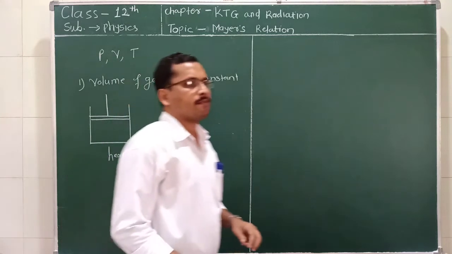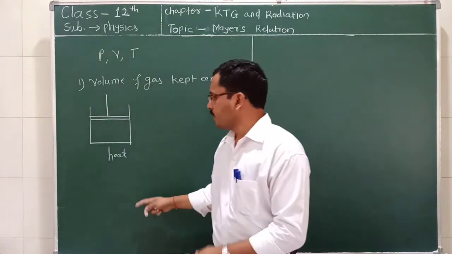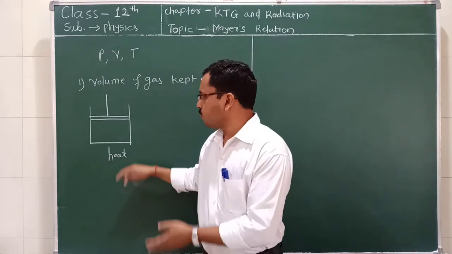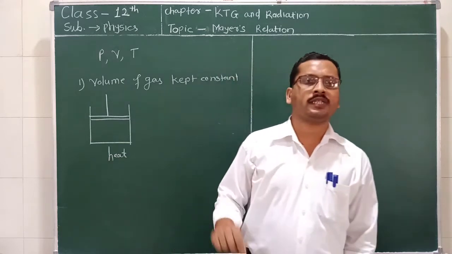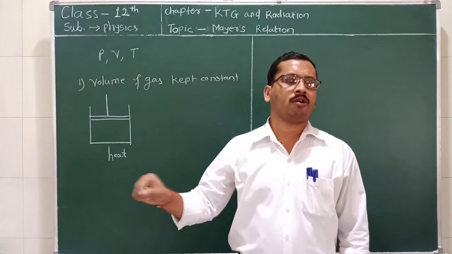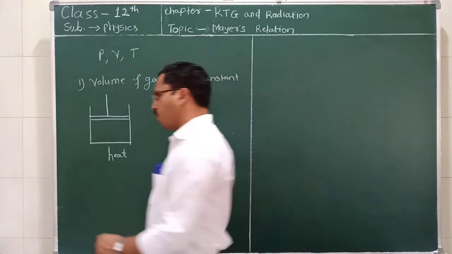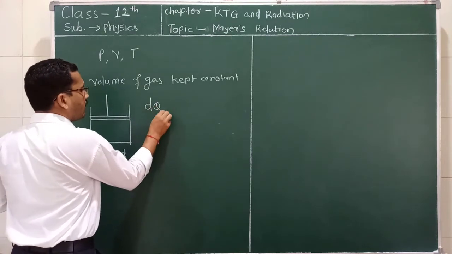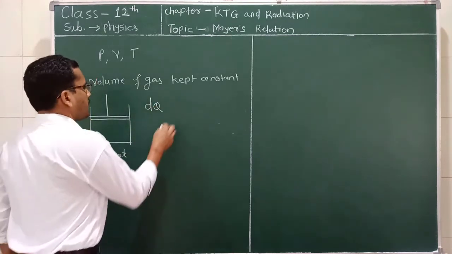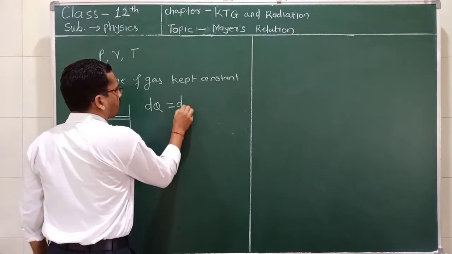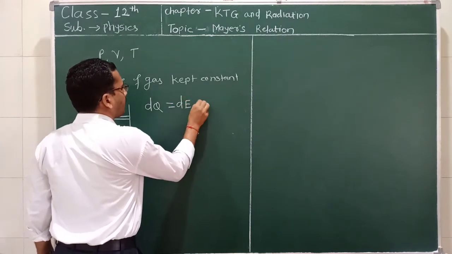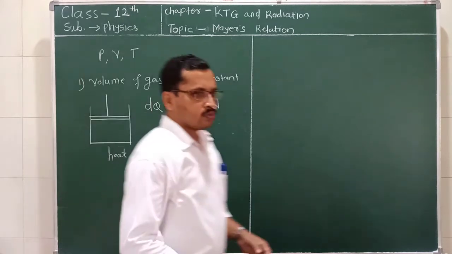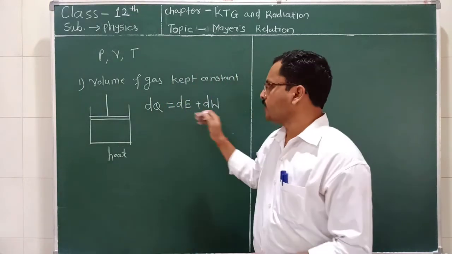If heat is supplied to such a system, the total heat supplied by the external source is used to increase the internal energy of the gas, because according to the first law of thermodynamics, the amount of heat given to the gas is used to increase its internal energy as well as to do some work against the force.